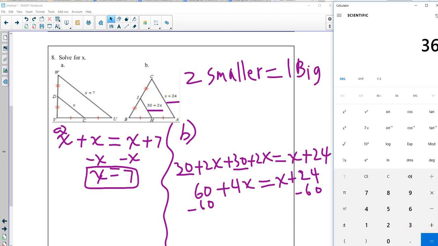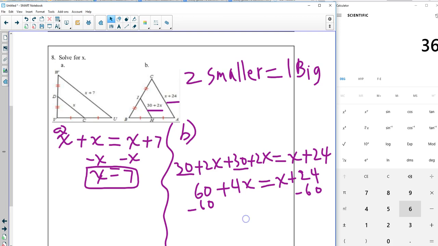Some of you sharp heads, go ahead and do it in your brain. If you have mental math, that's actually better. But I know some of us can't do it. So if you can't, do like I just did. So 4x is equal to x minus 36.